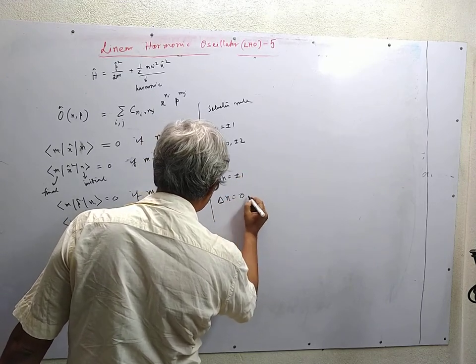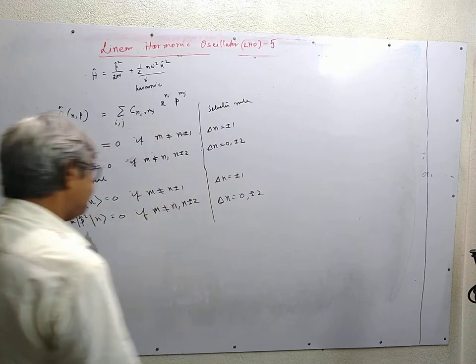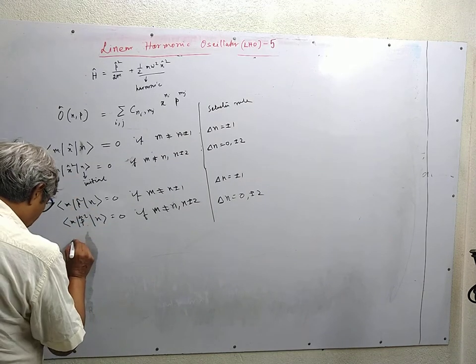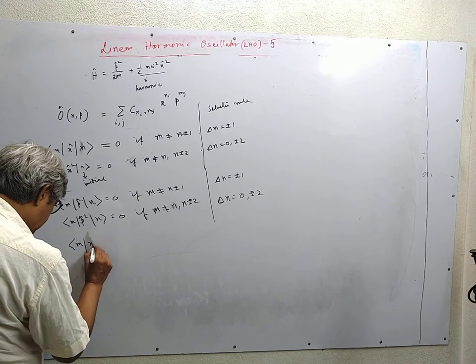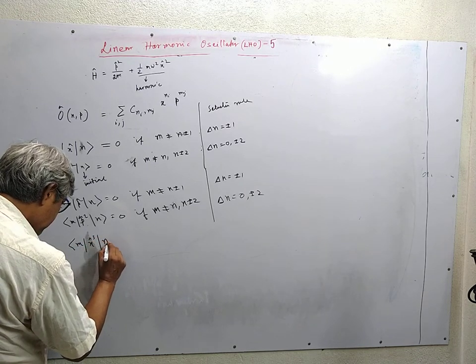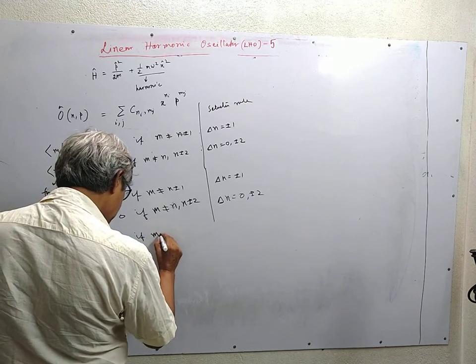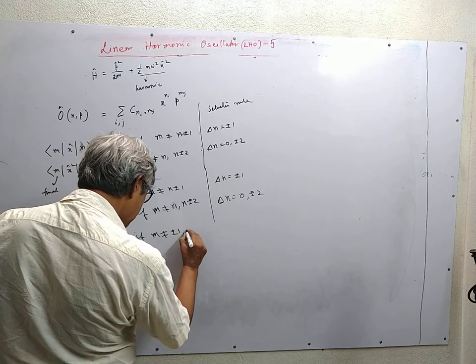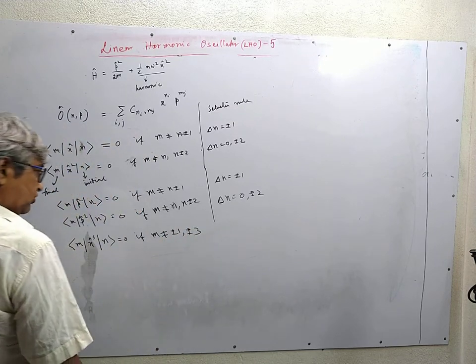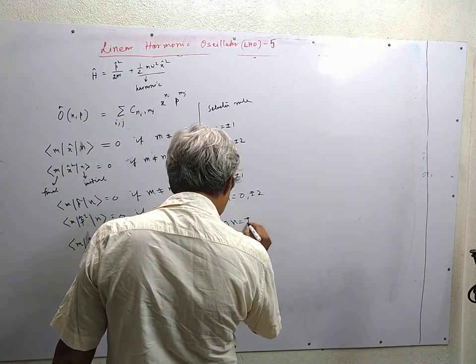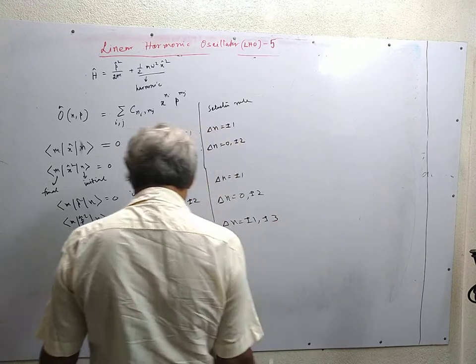Here delta n is equal to 0 or plus minus 2. If we consider x cube interaction, the selection rule would obviously be delta n is equal to plus minus 1 or plus minus 3.